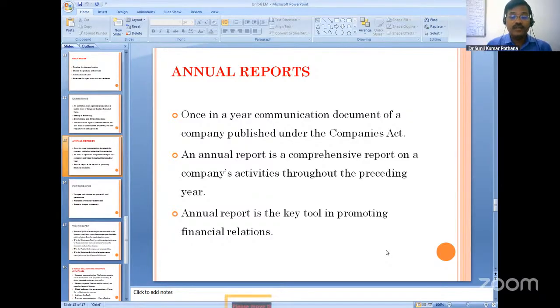If the financial relations are good, if the company is in profit, the shareholders invest in that company. So the main purpose is financial, to maintain financial relations with the shareholders and partners. For that purpose, they release annual reports.